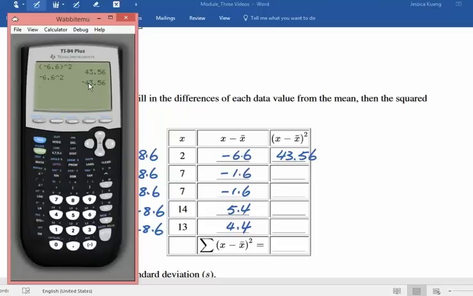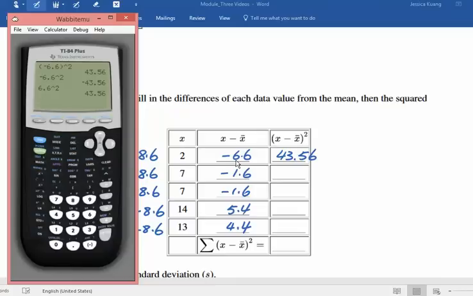The square difference should always be non-negative. It could be 0, it could be positive. Another observation: if I drop that negative sign, 6.6 raised to the power of 2, I have the same value as if I have that negative sign inside the parenthesis. The reason is that the power means repeated multiplication.